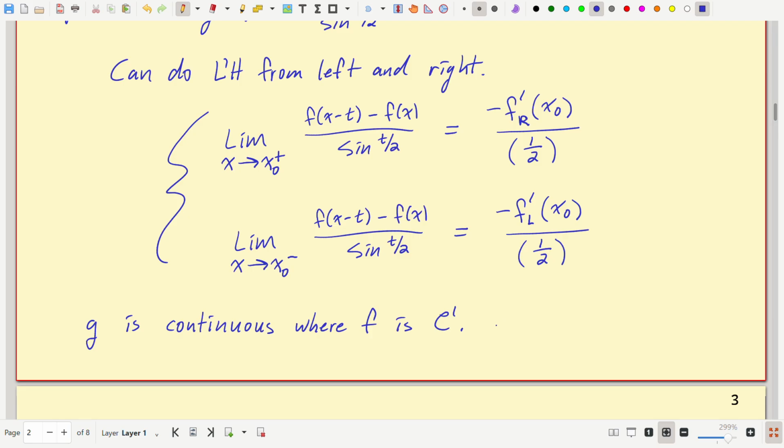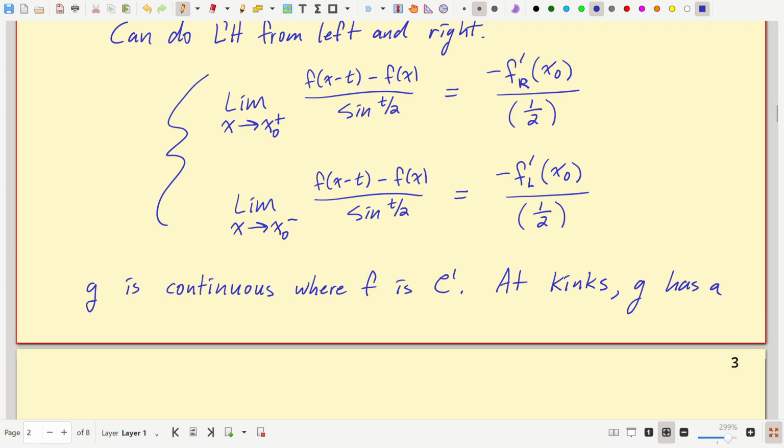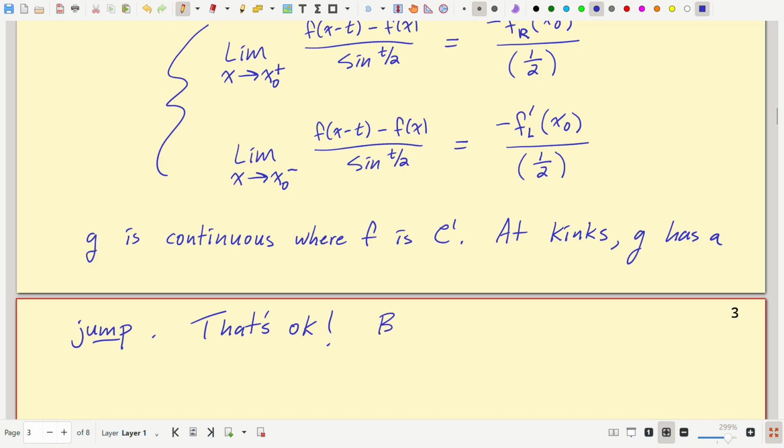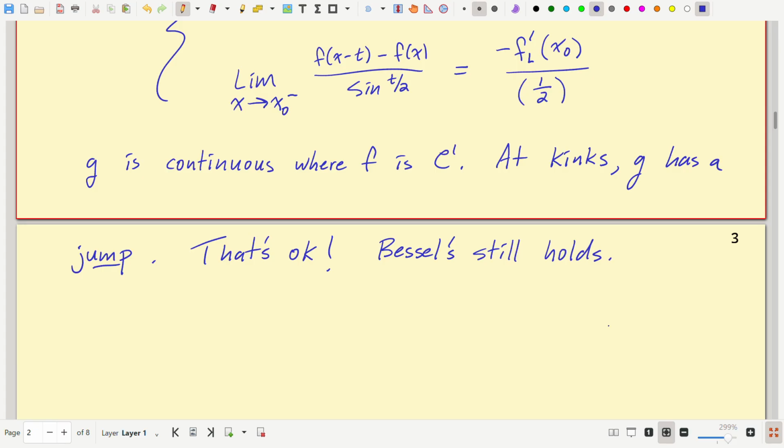At kinks, g has a jump, but at least it's a finite jump. That's okay. Bessel's inequality still holds. Okay, so the fact is, Fourier series converges at kinks too.